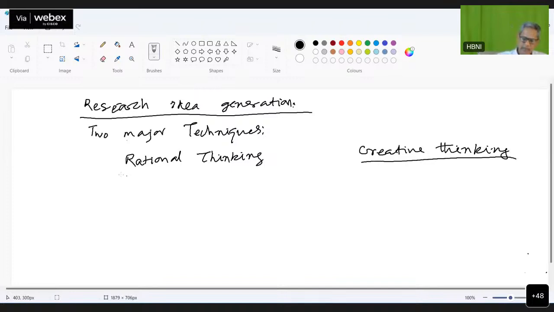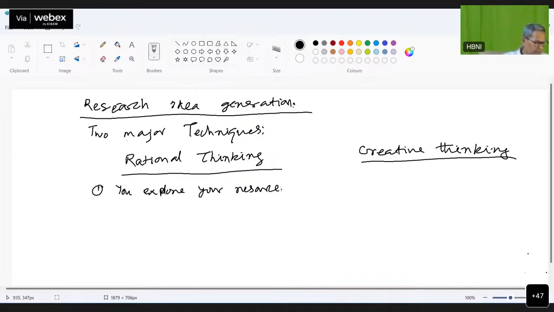Okay. In rational thinking, you explore your resource. This means, suppose your guide is suggesting a problem, why don't you do this? I remember the first day we discussed how research topics are given to students.